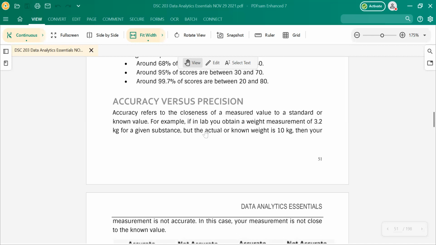Precise is if I log in every time at 7:15. The process is inaccurate because I was supposed to log in at 7 o'clock, but I'm logging in at 7:15. My process is not correct, but it is precise. Every day, sharp at 7:15, I log in.